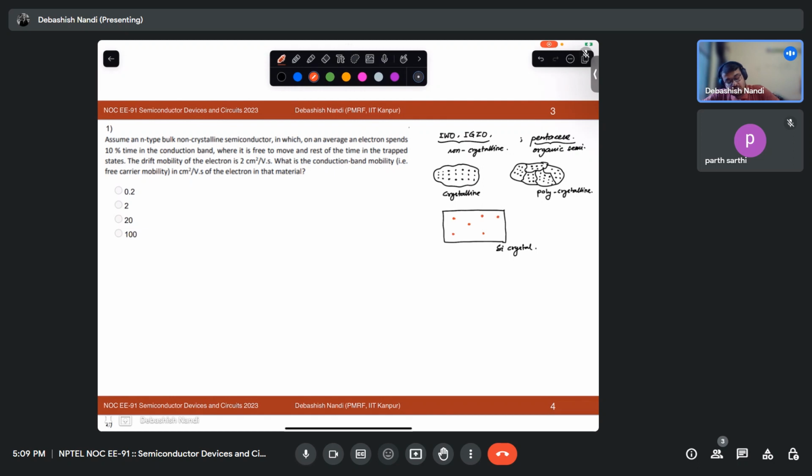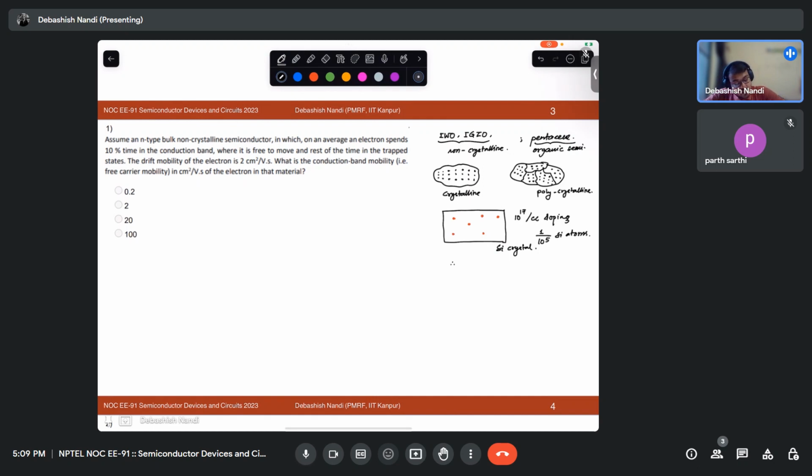So 10 raised to 17 per cc doping means 1 in 10 raised to 5, or 1 in 1 lakh, silicon atoms is a dopant atom.